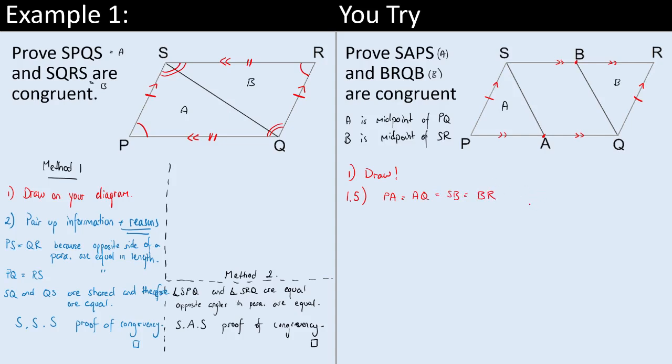Now, that is a statement, so I need to give some reasoning as to why. Because A and B are midpoints.